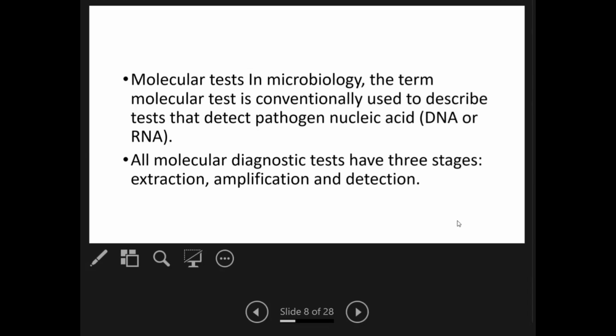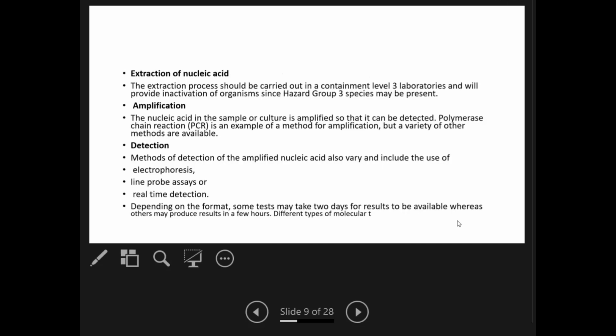All molecular diagnostic tests have 3 stages. That is, we need to extract the DNA from the sample, then we need to amplify the DNA, and the last stage is we need to detect it. In the laboratory, the conventional PCR methods are very cumbersome.